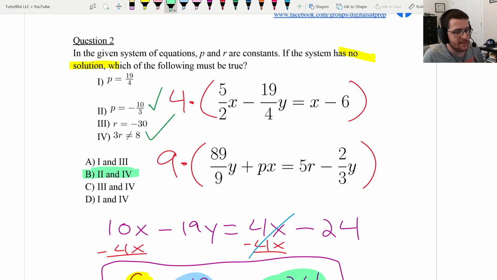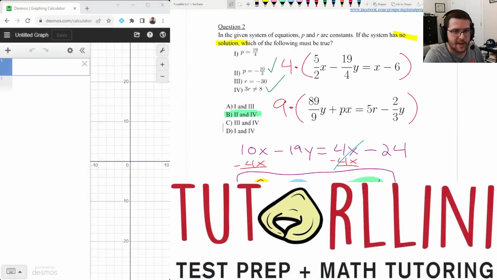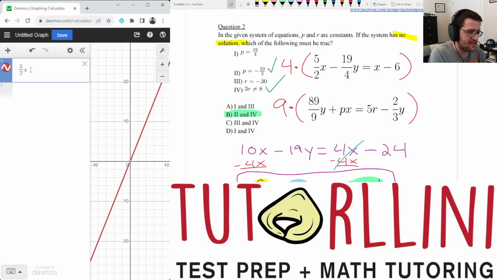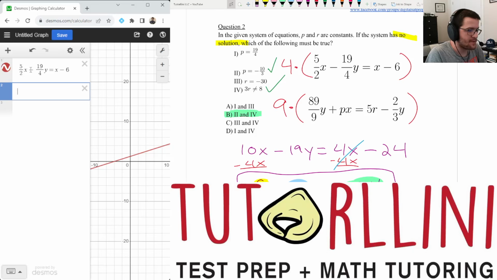Whenever you do a problem like this, even if you do it by hand, if you have time at the end, you should go back and type the original question into Desmos and see if it makes sense. So let's do that. And now I'm going to do 89 over 9 y plus px equals 5r minus 2 divided by 3 y.